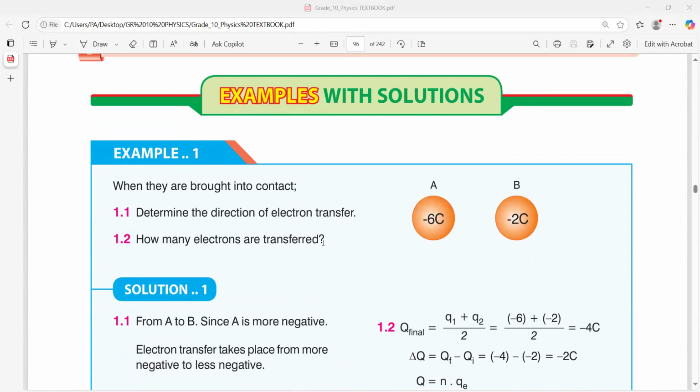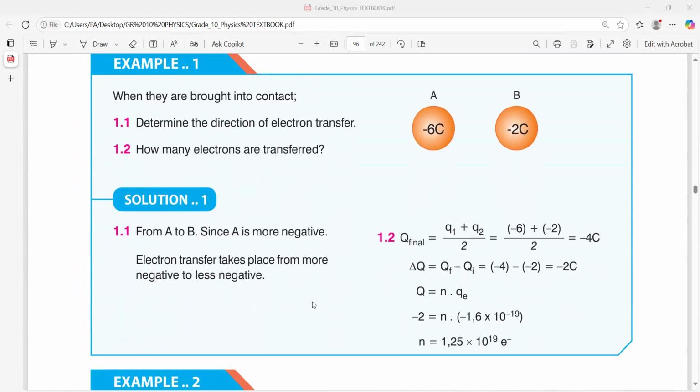Examples with solutions. All right, so we have quantization of charge, conservation of charge, polarization, different charges, neutral, positive, negative, and this is all done. Okay, from now, let's continue with questions, examples with solutions. We are using this because we see questions and answers, because it is a revision lesson.